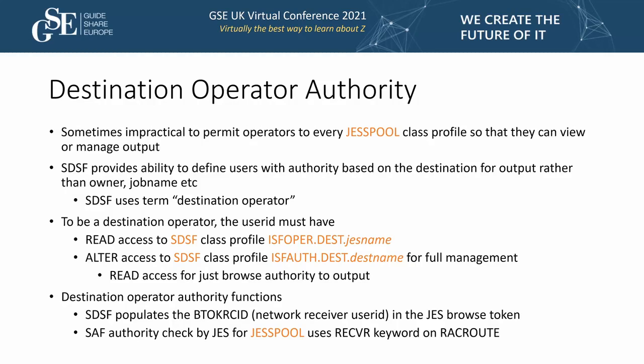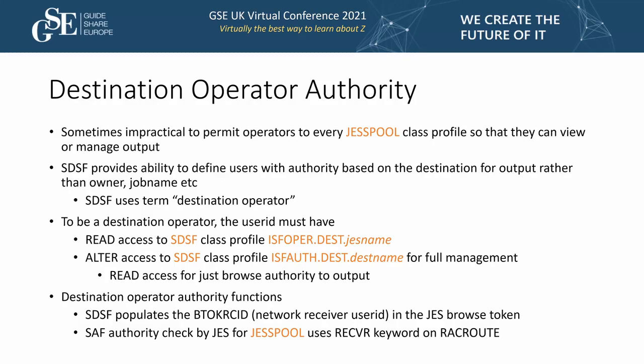So we provide this ability to define certain users with authority based on the destination for the output rather than the owner or the job name. And SDSF uses the term for this as destination operator.